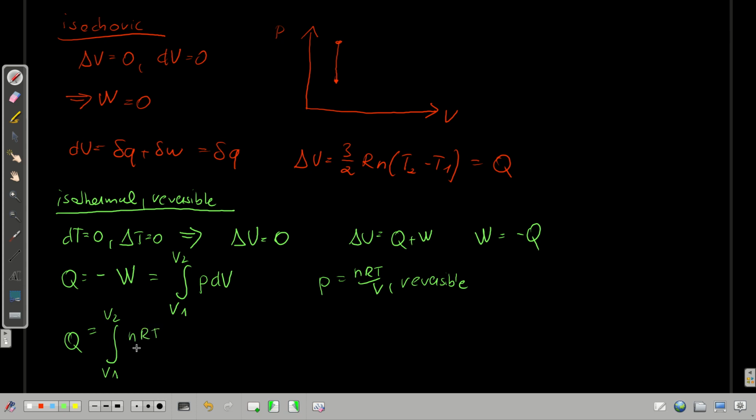So here we can substitute nRT divided by V dV. nR and T are constant because we are dealing with an isothermal process. This gives nRT times the logarithm of V2 over V1.